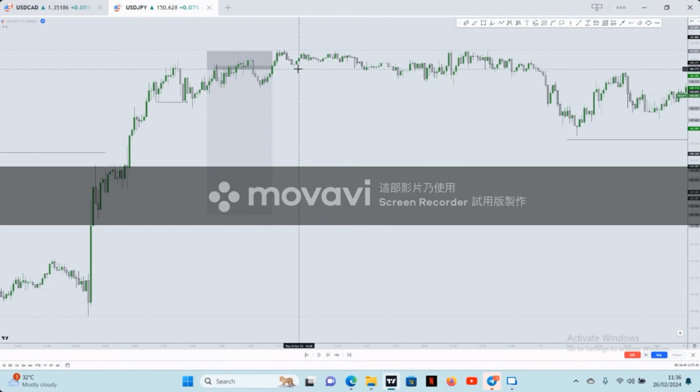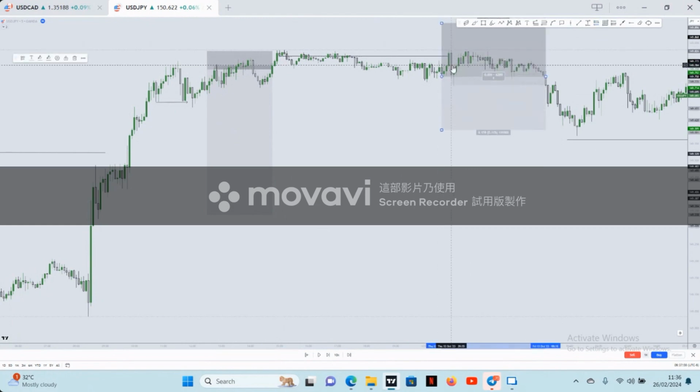I think there was a break of structure here. And then the next point would be this right here. So maybe, let me put it for a big stop loss.